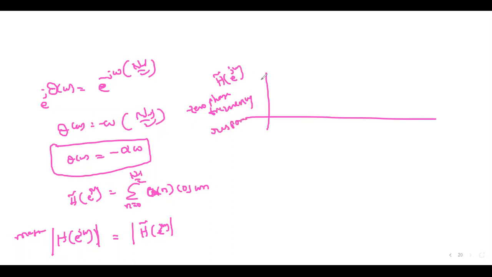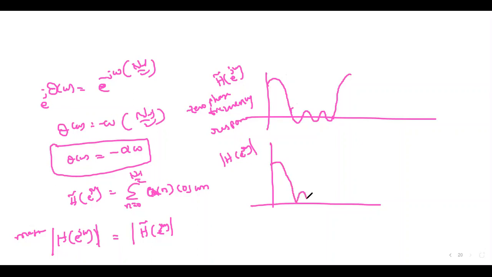This H cap of e power j omega, if this response is like this sinc function, then the magnitude response mod H of e power j omega, magnitude response of the linear phase FIR filter, will be like this.